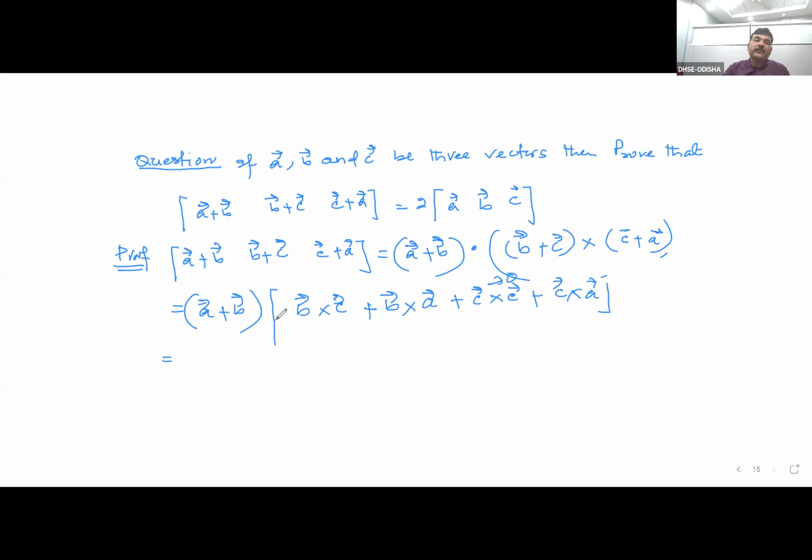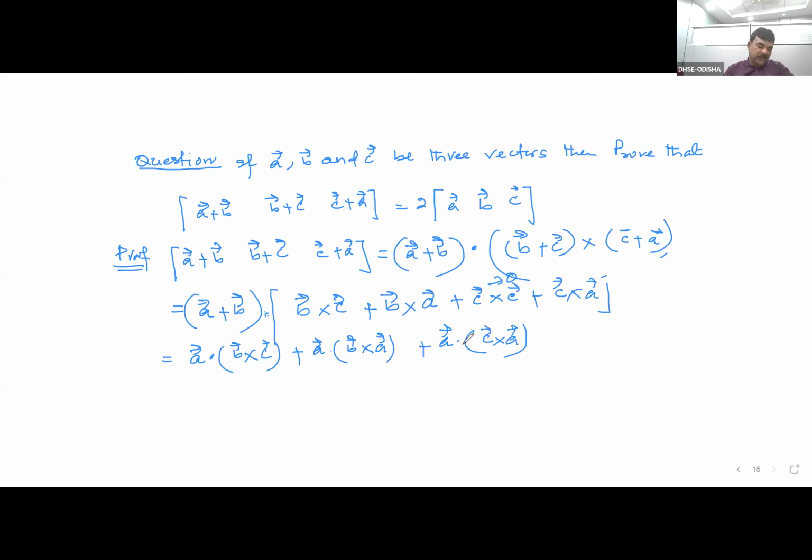Now we have to take the dot product of A with B cross C, with B cross A, with C cross A, and dot product of B with B cross C, B cross A, C cross A. You can write this is equal to A dot B cross C plus A dot B cross A plus A dot C cross A.